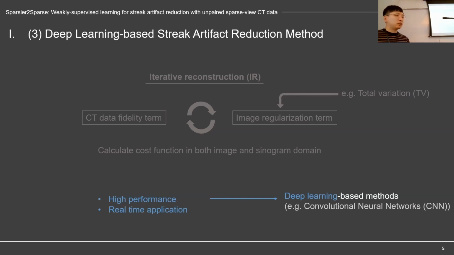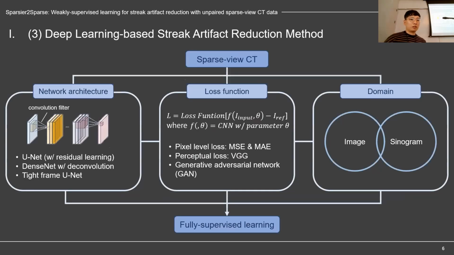To overcome these disadvantages of the IR method, deep learning-based methods, including convolutional neural networks, have been developed recently. This approach generally has high performance in reducing streak artifacts and enables real-time application. Several CNN-based methods for sparse view CT have been proposed in various ways.